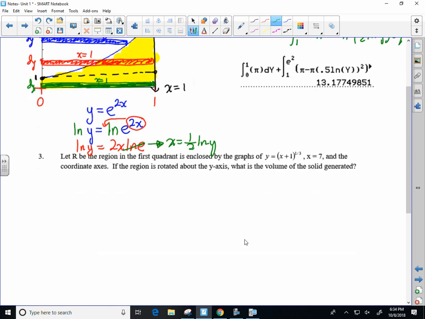Let R be the region in the first quadrant enclosed by graphs of y equals the cube root of x plus 1 and x equals 7 and the coordinate axes. Spinning it around the y-axis.